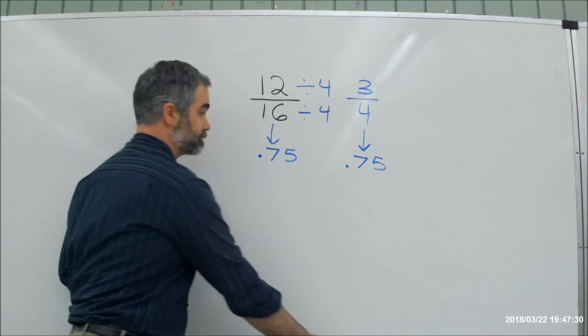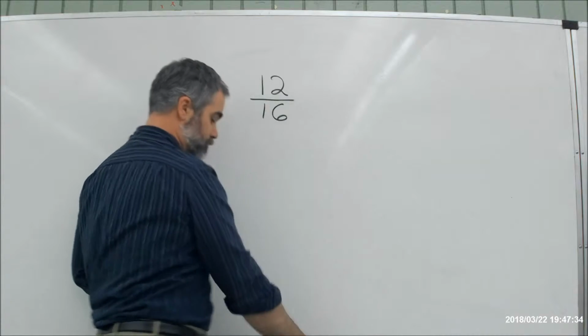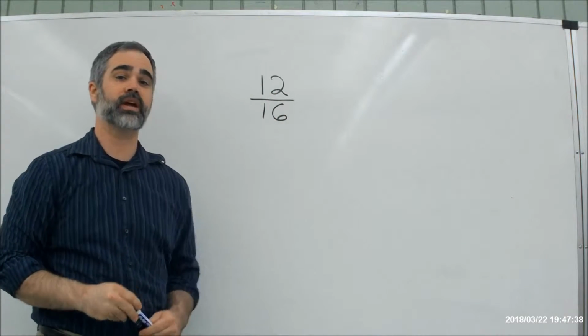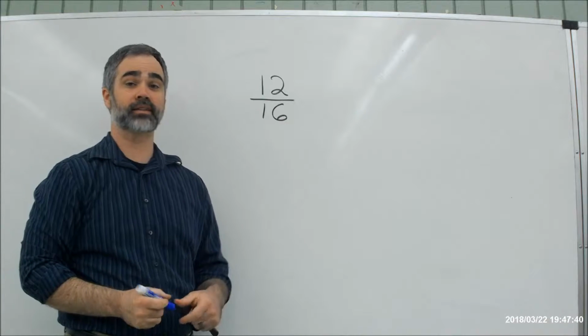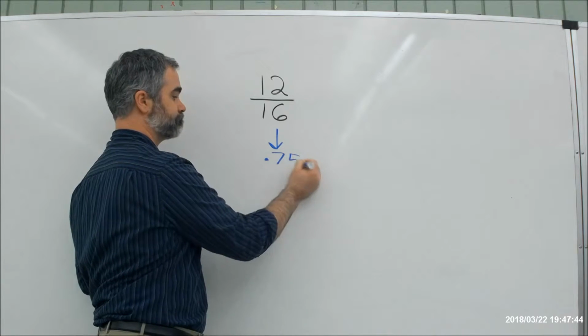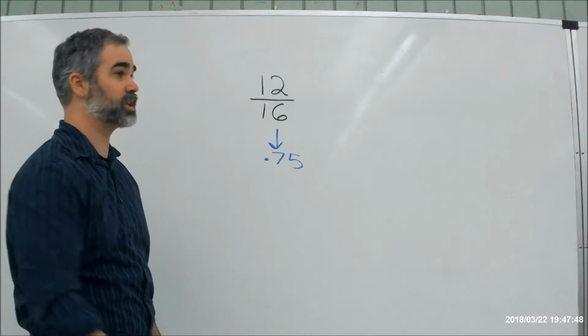For example, we could add or subtract the same number to both sides, or to the top and the bottom of this fraction, and it will change it a lot. We know again that this should give us 0.75. Look what happens if we subtract the same number from the top and the bottom.